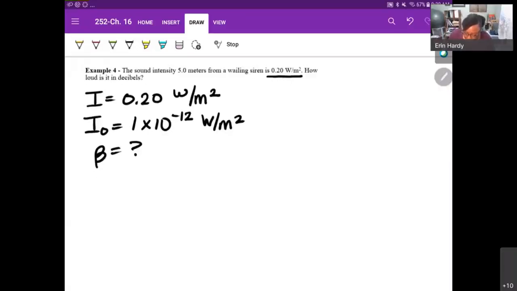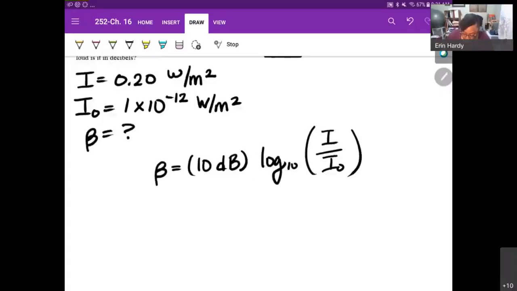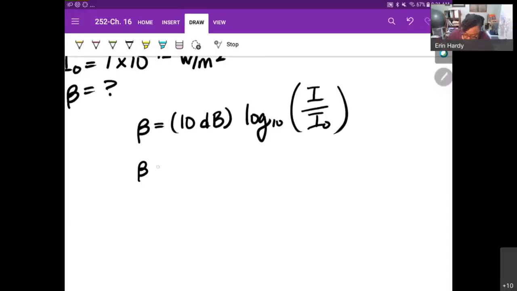So this is the equation that we want to refer to. Beta is equal to 10 decibel times the log of I over I naught. So let's plug in what we know.